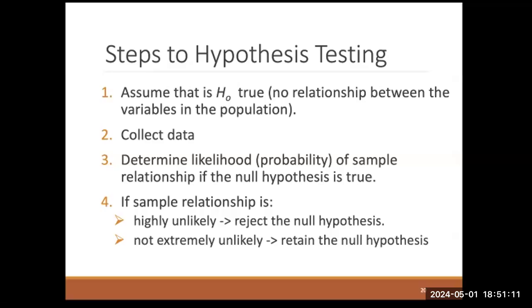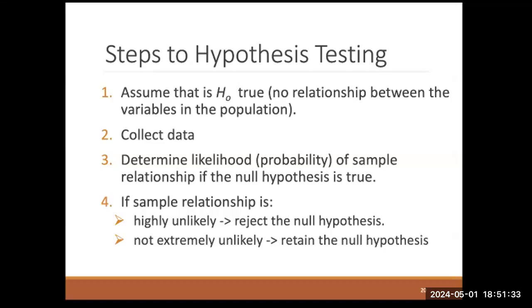Step 3, now we analyze data and we determine the likelihood, otherwise known as a probability, of whether any relationship we see is happening because the null hypothesis is true or not. And then step 4, we come to a conclusion.